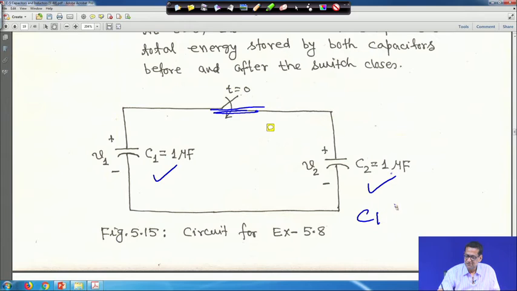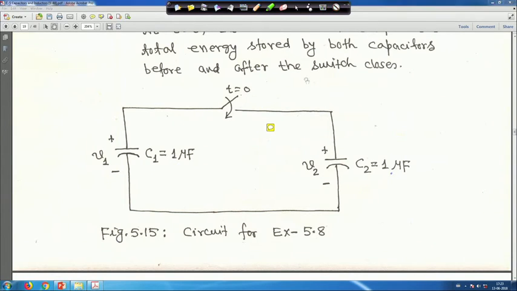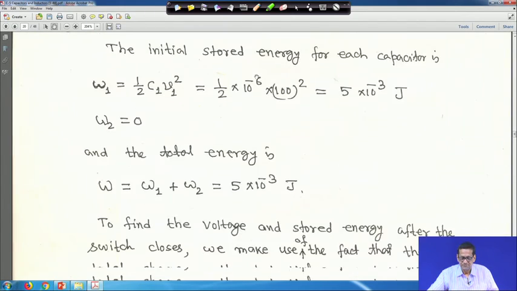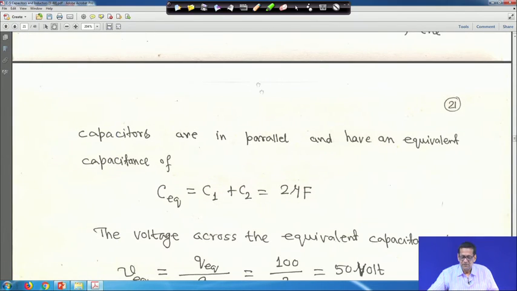That means it will be C1 plus C2, that is, 2 microfarad, because both are in parallel when the switch is closed, right. So these capacitors are in parallel and we have an equivalent capacitance of 2 microfarad.